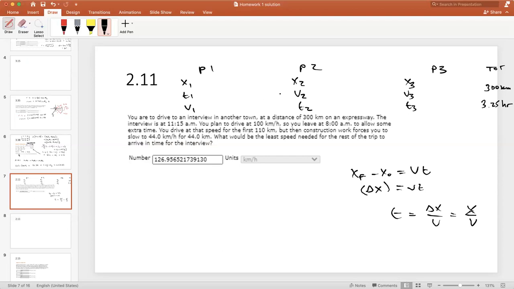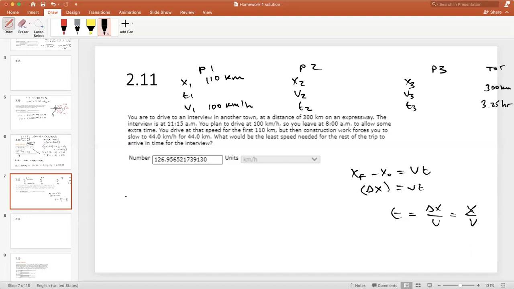So our goal here is going to be to figure out what each of these values are. It tells us that for the first part we drive 100 kilometers an hour, I'm sorry, and we go a distance of 110 kilometers.